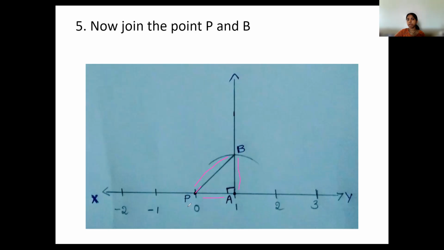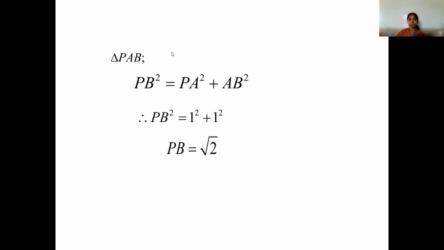The other two sides are PA and AB. So from triangle PAB, by Pythagoras theorem, PB square is equal to PA square plus AB square. So PB square is equal to 1 square plus 1 square, that is 2. So PB is equal to √2 when we simplify.